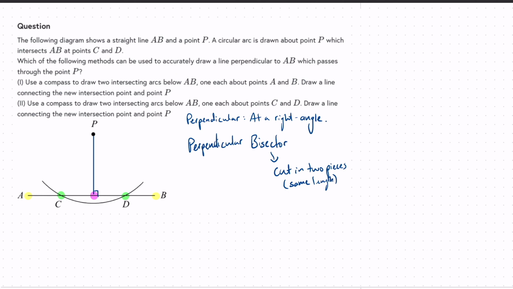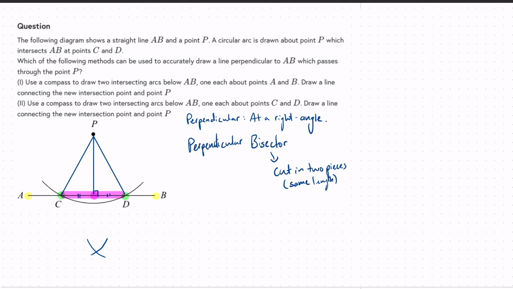Why is that? Well, C to P and D to P, well, that's both the same radius. Therefore, this distance here is equal to this distance here. So by then drawing the same radius here, I will definitely cut this line in half.